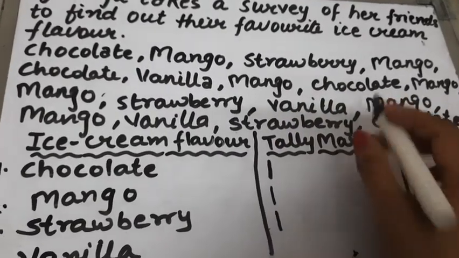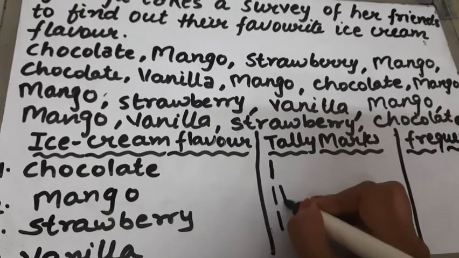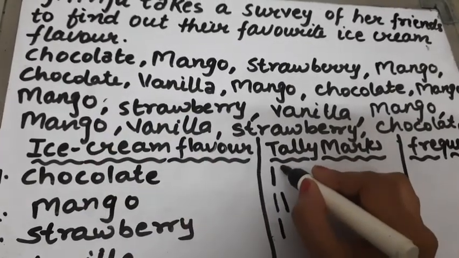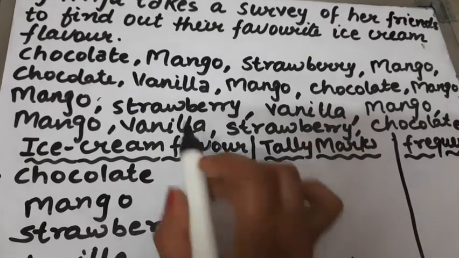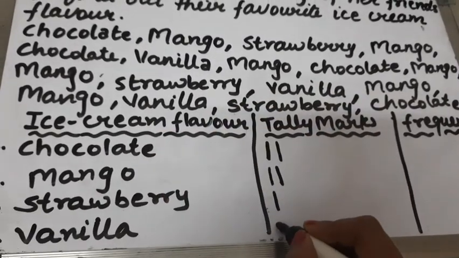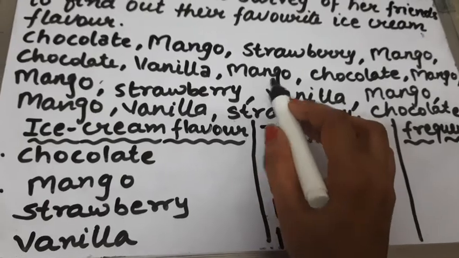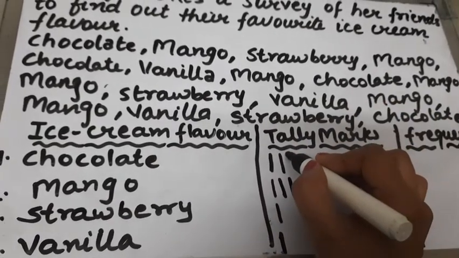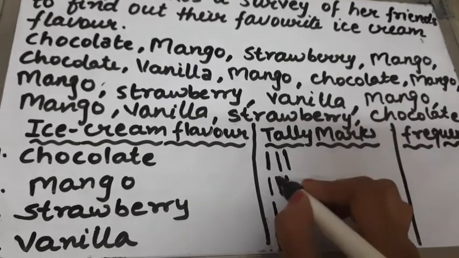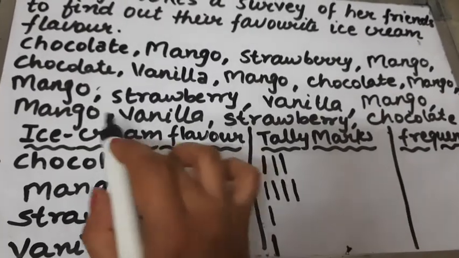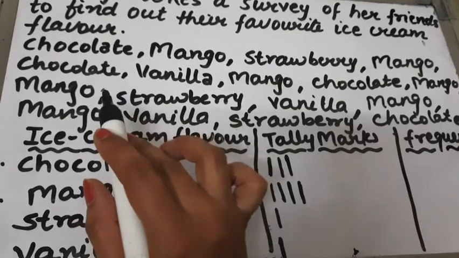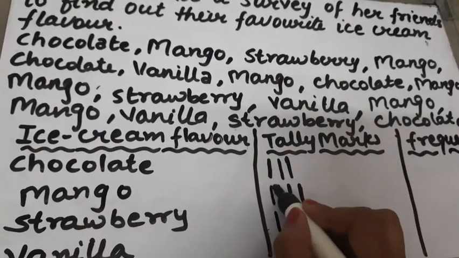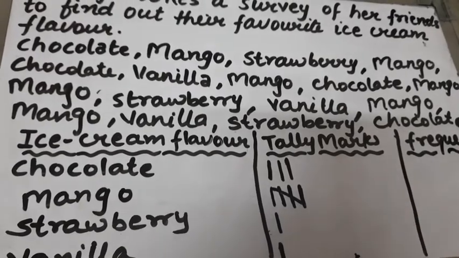Then mango again. Then chocolate, then vanilla, then mango, then chocolate, then mango, and again mango. So the fifth observation is represented by crossing the four strokes diagonally.